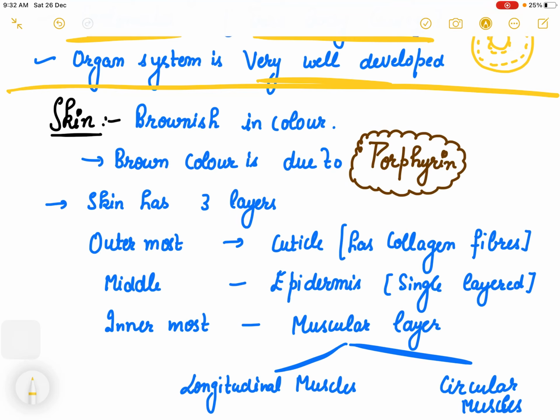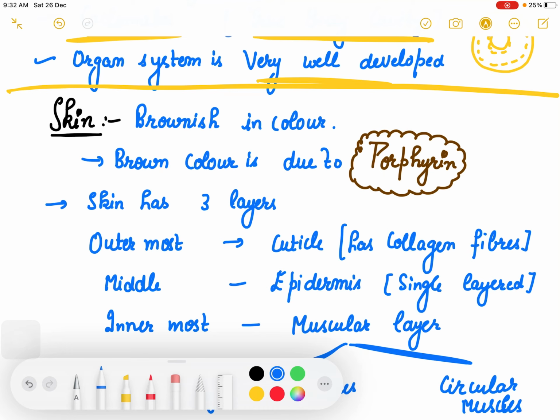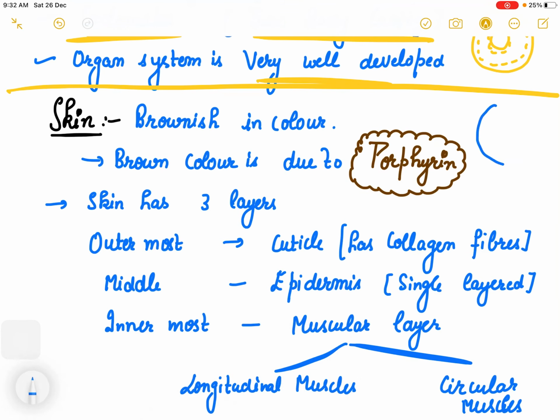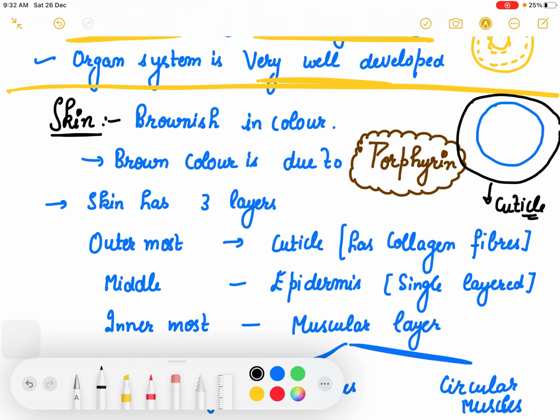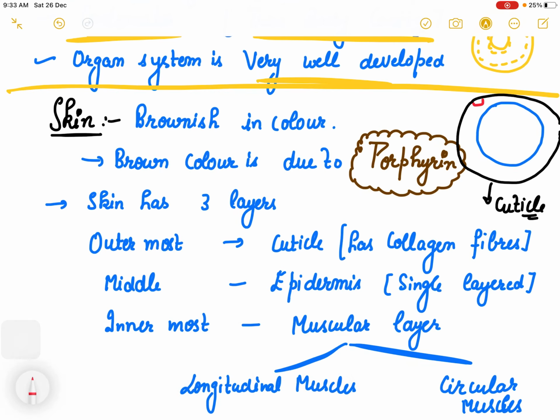First, I am taking the outermost body wall, that is skin. If we look at the outermost body wall, it is covered with an outermost layer. And what is this outermost layer? It is cuticle, and cuticle is going to play a very helpful role in respiration also in these types of worms. The second layer, which protects the body wall, is epidermis.